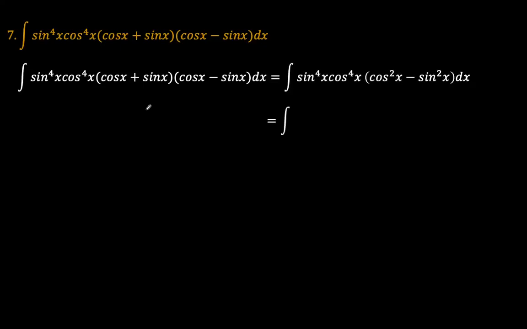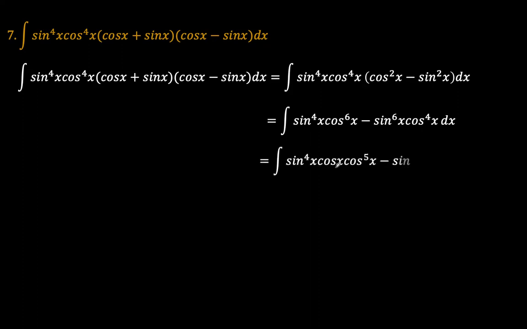When you multiply that through, you have sine to the power 4x cosine to the power 6x minus sine to the power 6x cosine to the power 4x. So this is the same as sine to the power 4x times cosine x times cosine to the power 5x minus sine to the power 5x times sine x times cosine to the power 4x.